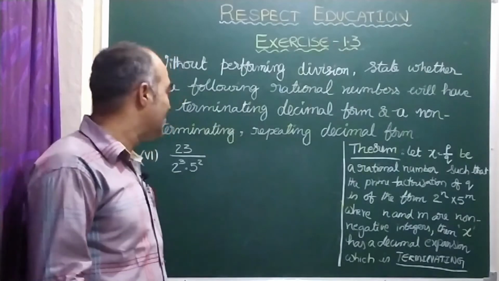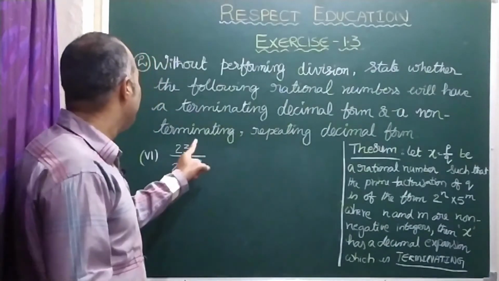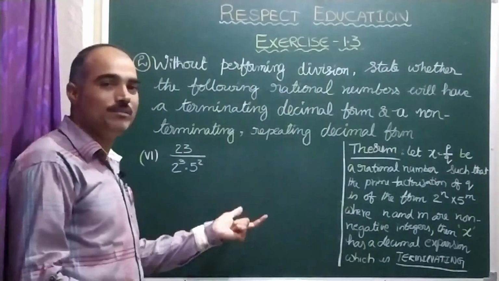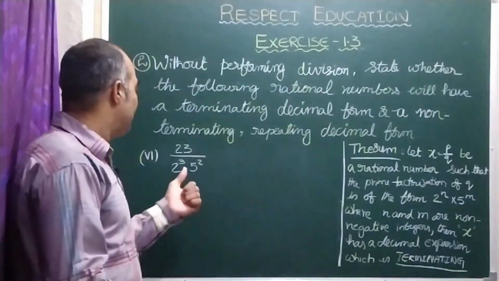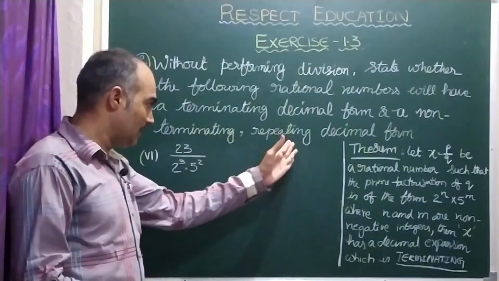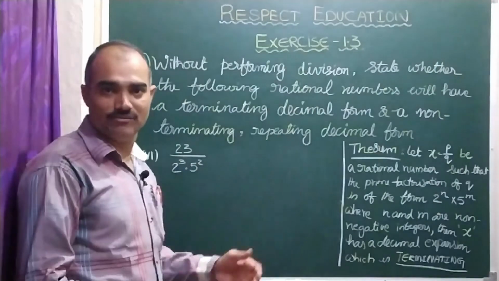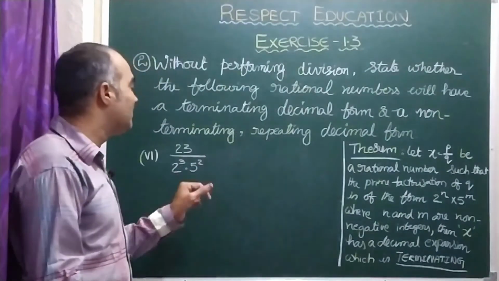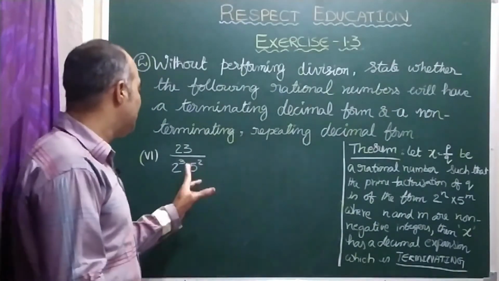Now let us see the next bit, that is the 6th bit. 23 by 2 cube into 5 square. See here children, our work became much easier now. Till now, q was given and we converted it into prime factors, meaning we found its prime factorization. But here, children, q is directly given as its prime factors. So you just compare.